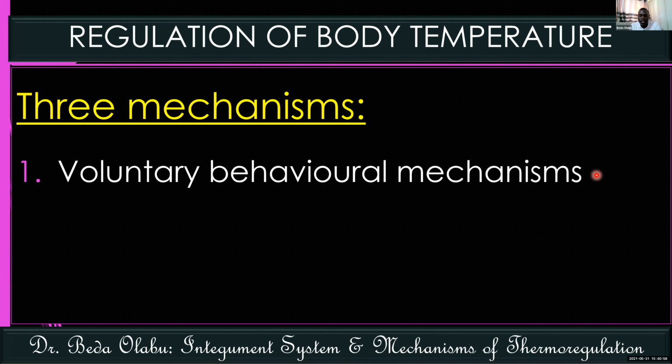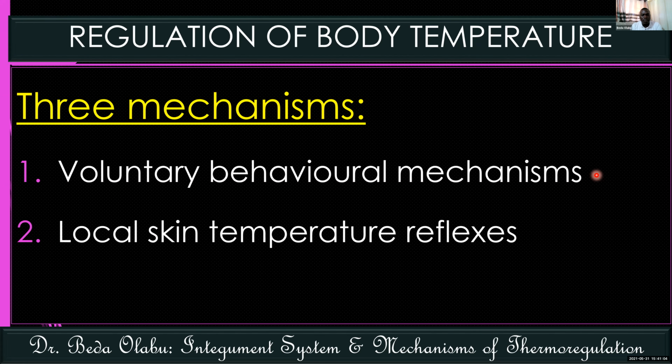So the second mechanism, apart from voluntary behavioral mechanism, are what we call local skin temperature reflexes. These ones apply to changes on the skin temperature that are not generalized.